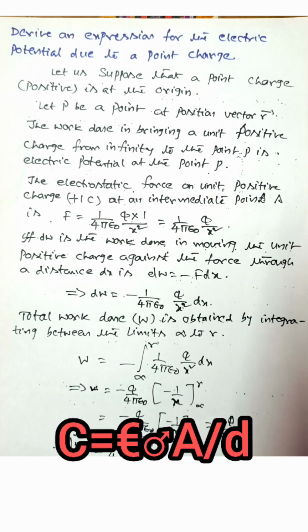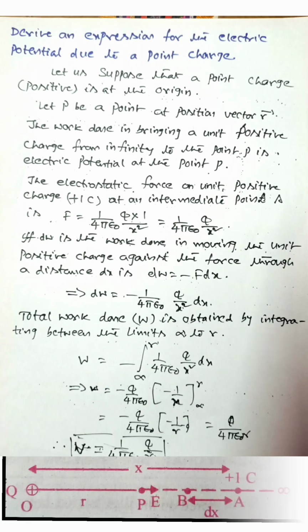Now, derive an expression for the electric potential due to a point charge. Let us suppose that a point charge, a positive charge Q, is at the origin. Let P be a point at position vector r bar.